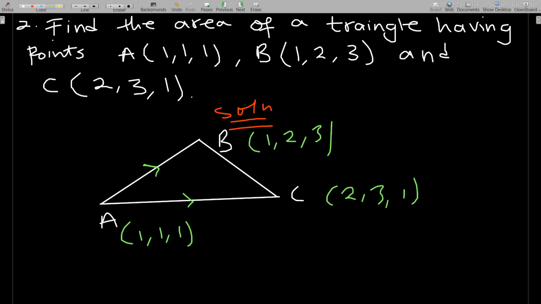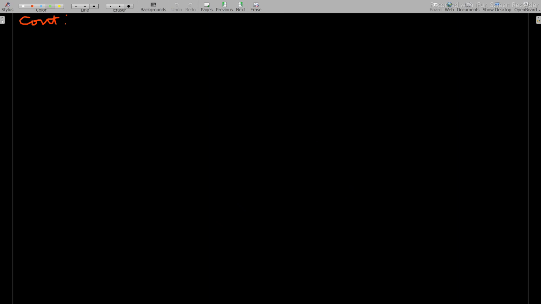With this one, all you can do is find vector AB and vector AC, because these are the vectors we need to find the area. Vector AB will simply be equal to OB minus OA, and this is the same as subtracting the points.